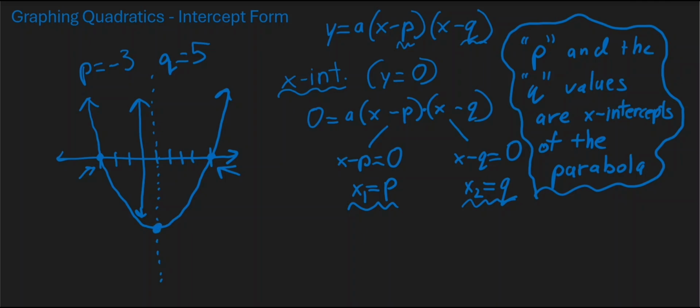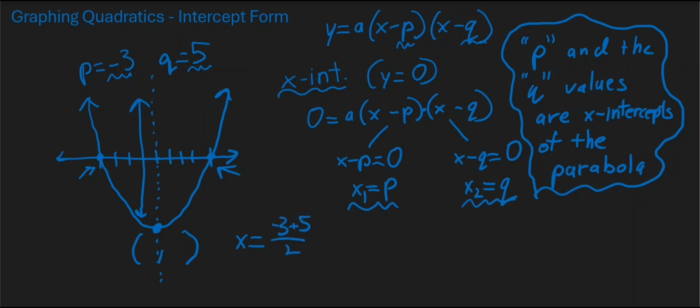So the x value for the vertex would be simply the average of the two x-intercepts of the quadratic function. To get this x value, we can take the midpoint between -3, which is our p, and positive 5, which is our q. The midpoint would be their average. So we take -3 plus 5 and divide that by 2.